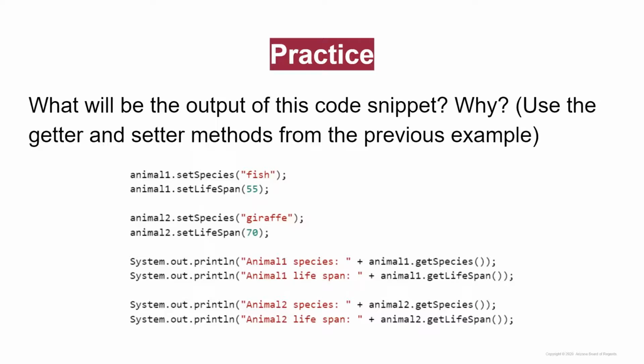Before they were both completely different. Now they're a fish and a giraffe, and they live to 55 and 70. So we use the setters to do that, and then we use the getters in the print line statements to return those values that we just set and print them out.